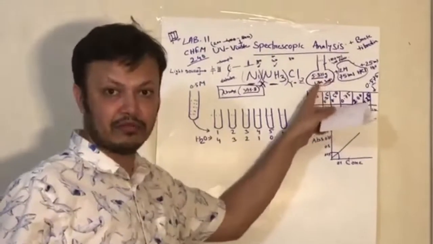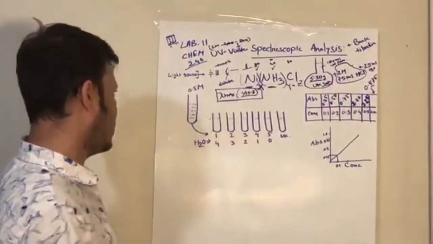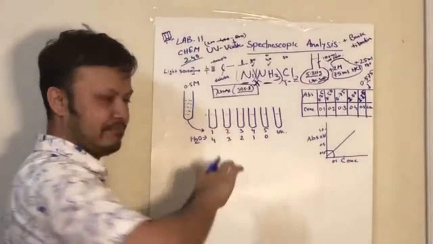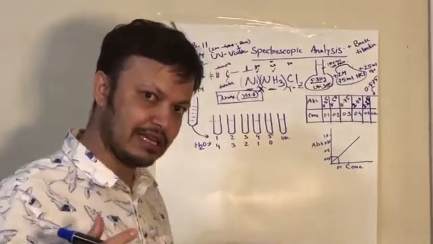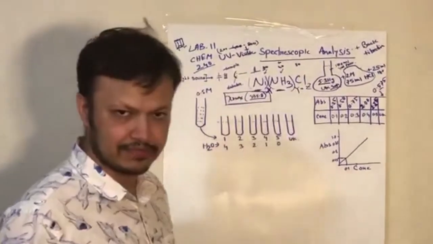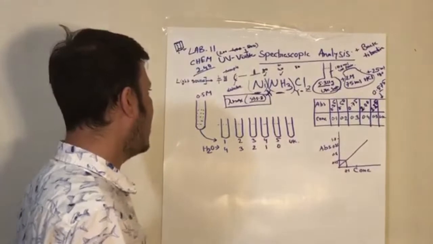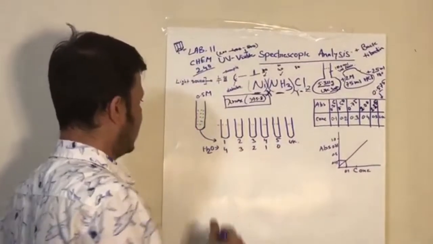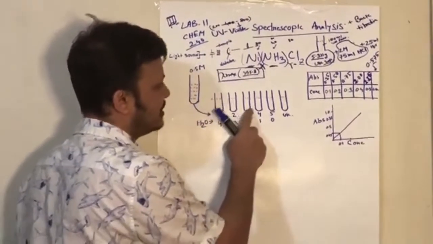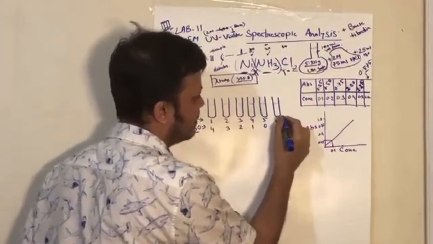You don't know anything, only the gram of the nickel ammonium salt. By this time we already know how to find out the lambda max. We got the lambda max. Now what you need to do, you will take 6 test tubes.